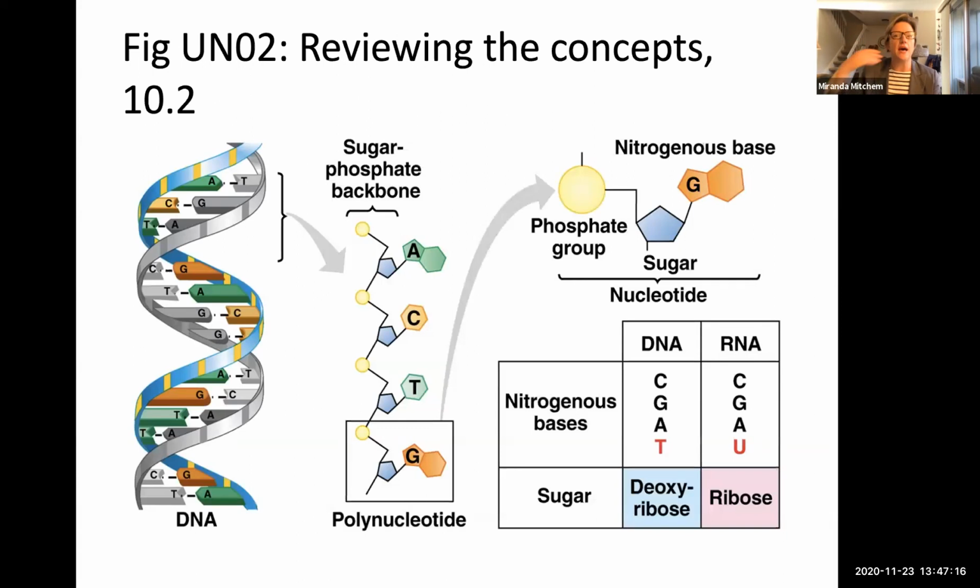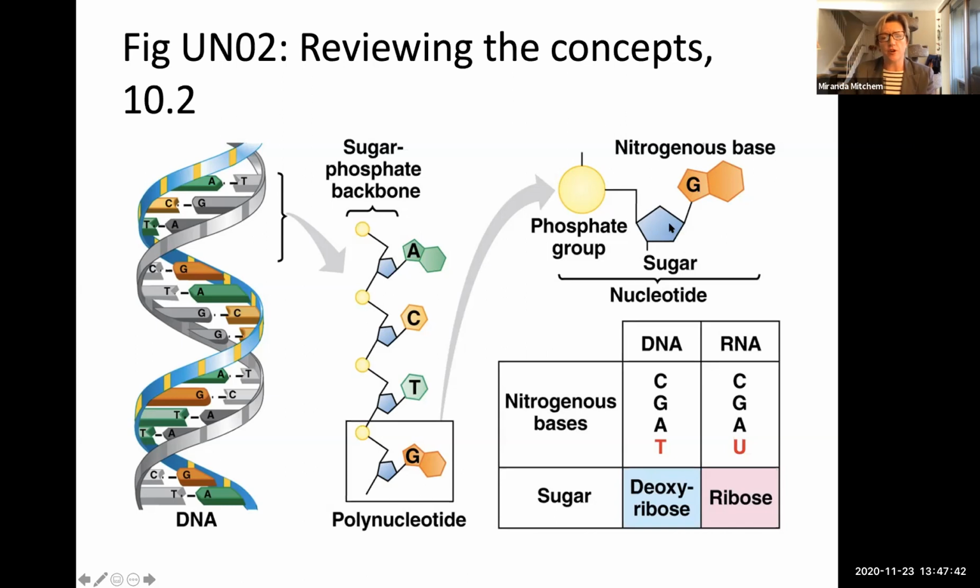Okay, so looking at the structure of the DNA molecule. There's a lot here, and it looks busy, but let's first of all begin with what we already know. Let's focus on the monomer of the DNA polynucleotide. So this goes all the way back to earlier in the semester. A nucleotide has three components.